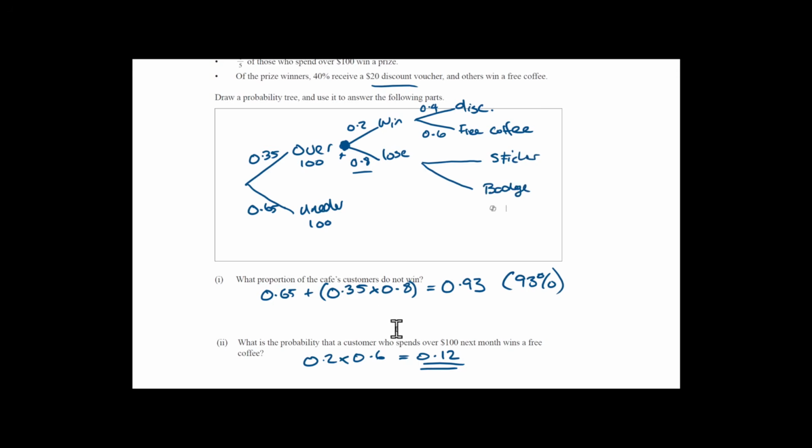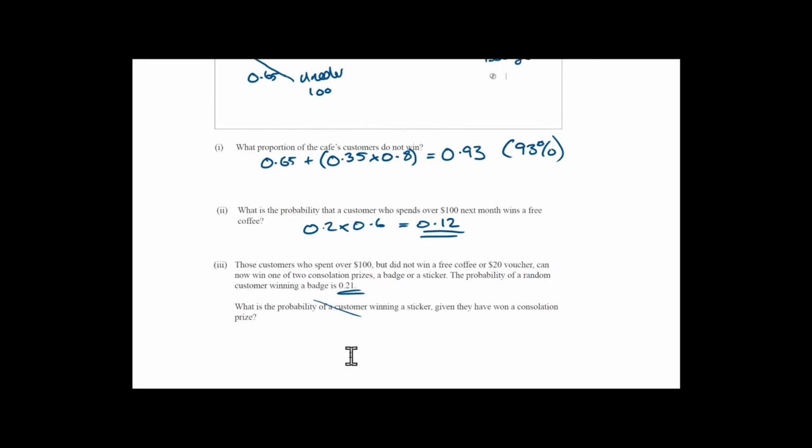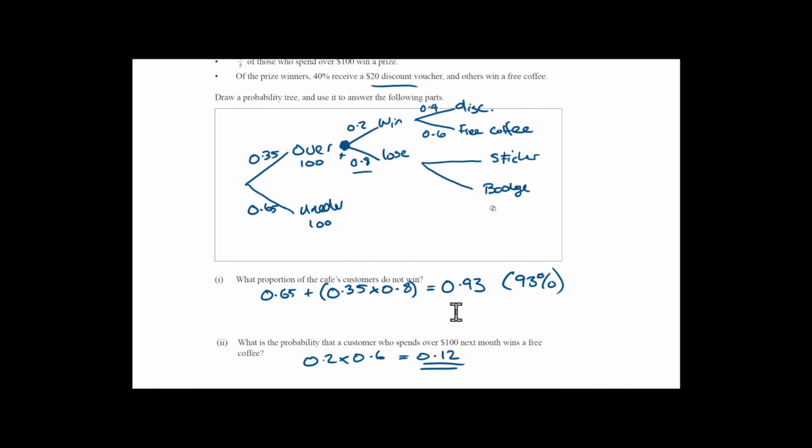And then they tell us that the probability that any random customer wins a badge is 0.21. So the end probability here is 0.21.